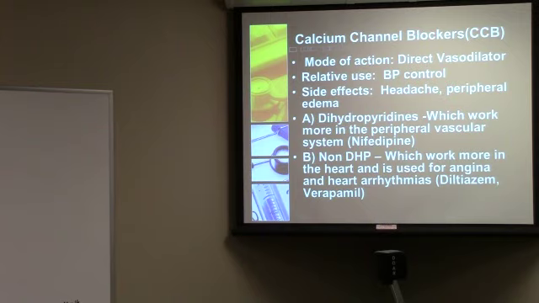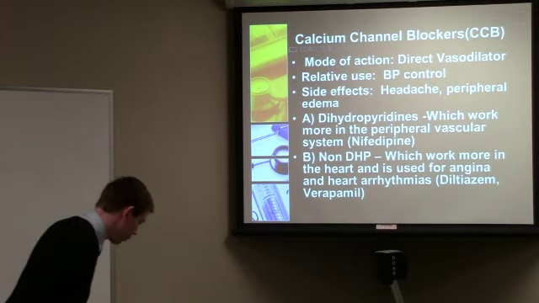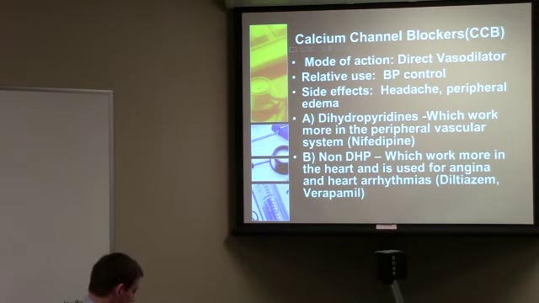I'm going to draw a line because I don't want you to get this confused. We have two types of calcium channel blockers. We have dihydropyridines, and we have non-dihydropyridines. So either the drug is a dihydropyridine or it's a non-dihydropyridine.